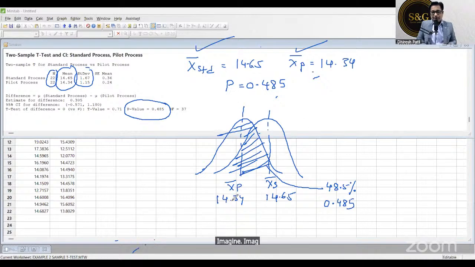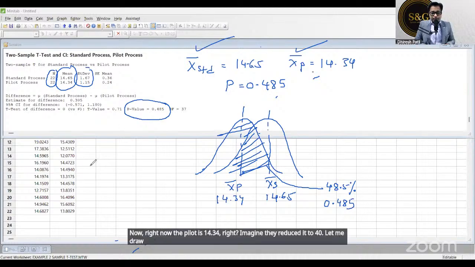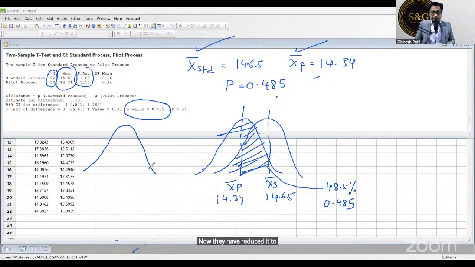Imagine they reduced the pilot to, let's say, 13. Right now the pilot is 14.34, right? Let me draw here. Now they have reduced it to 13. This is the X bar P, the process after improvement.